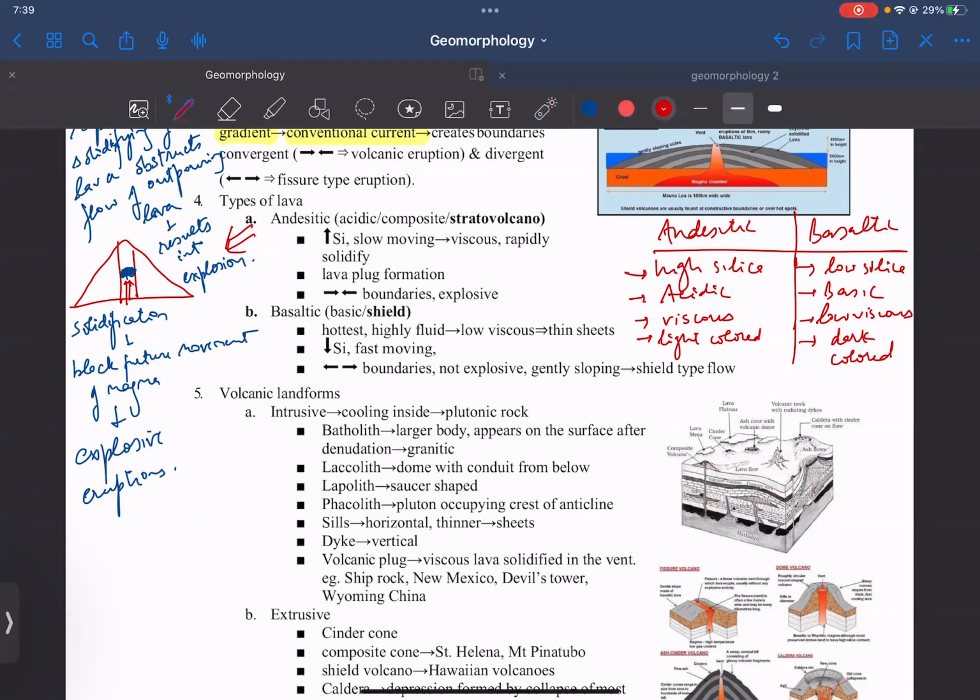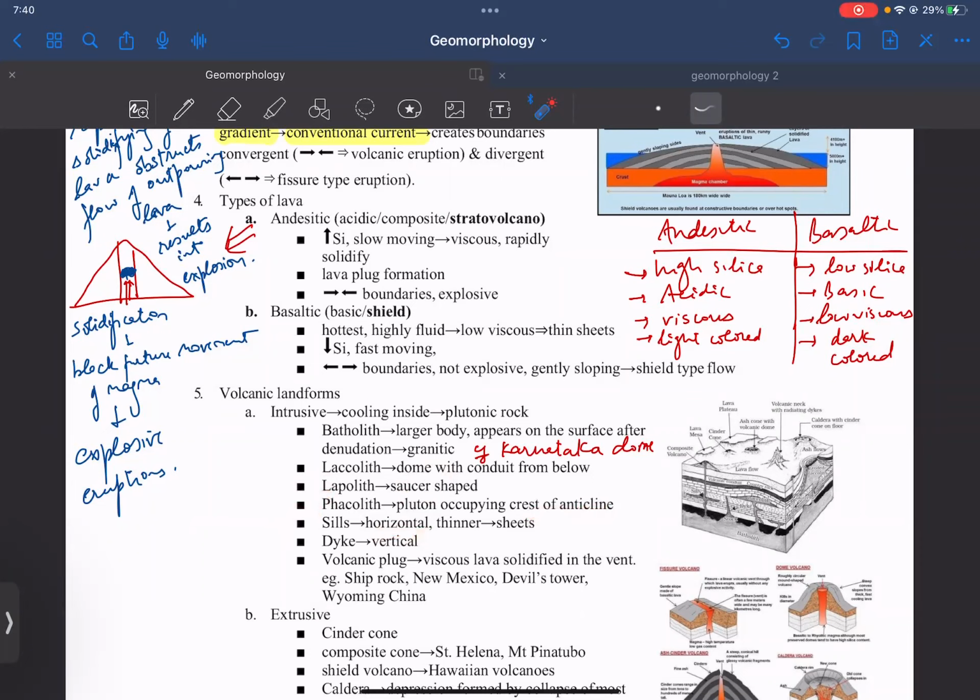The best example of this? Example: Karnataka dome. In Karnataka we have found such a dome, right? Rocks have been formed. Laccolith, dome shape. Lopolith, saucer shape. Phacolith, crest of anticline, syncline. Sills horizontal.